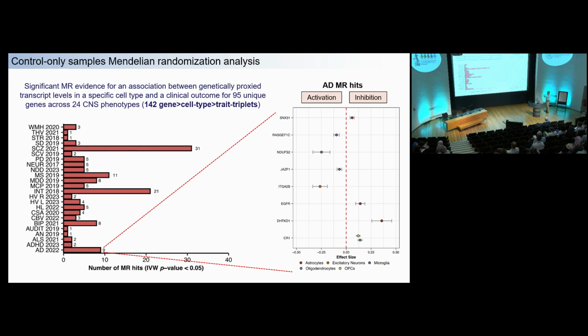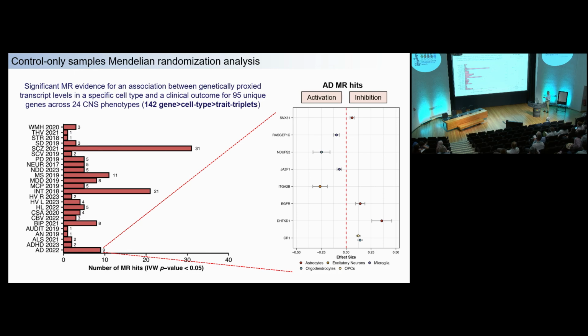So when the MR beta coefficient is positive, then that can be interpreted, because we know the directionality of the relationship for both the GWAS and the relationship between the genetic variant and gene expression, we can align this in a way that allows us to interpret the result from a therapeutic point of view. So if we have a positive MR beta, then that suggests that it's an increase in the level of the gene that confers an increased risk of disease.